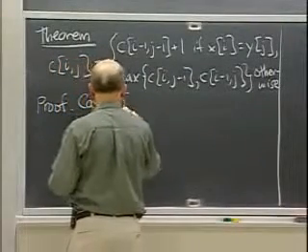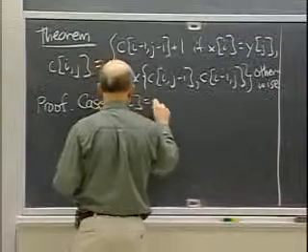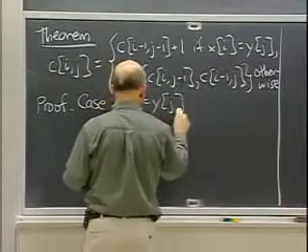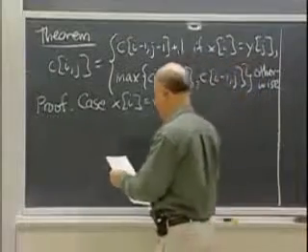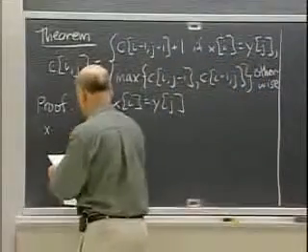So we'll start with a case where x of i equals y of j. And so let's draw a picture here. So we have x here.